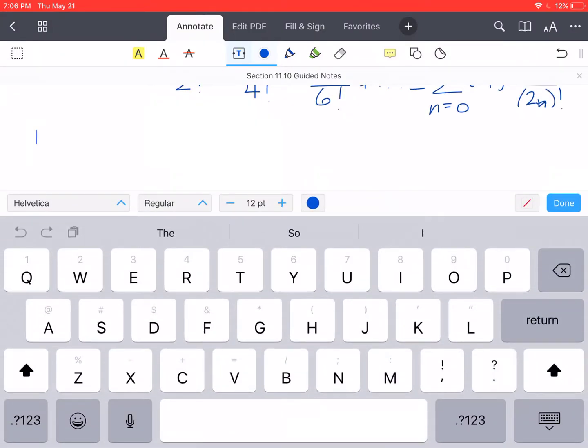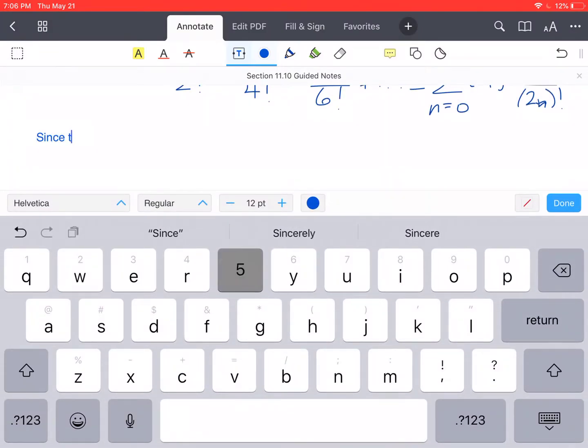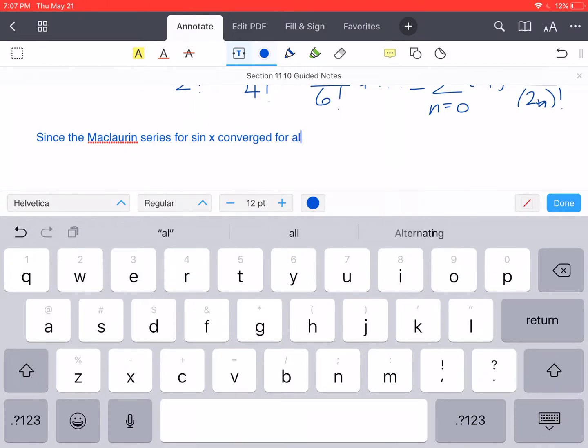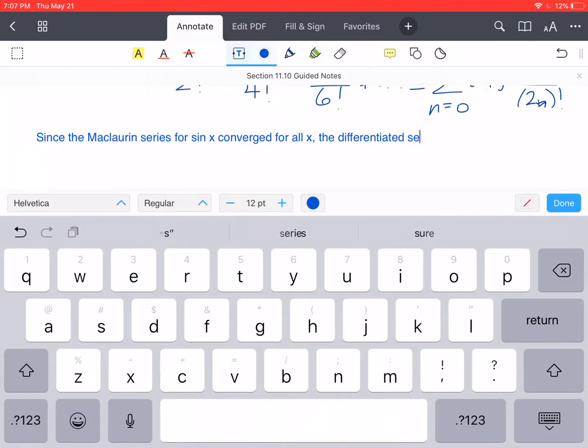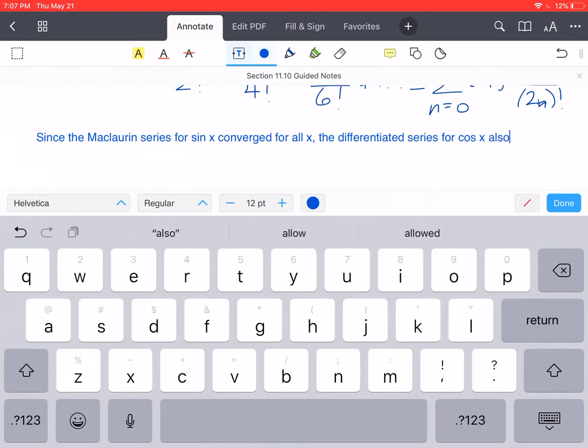So then if we're talking about convergence, since the Maclaurin series for sine of x converges for all x, the differentiated series for cosine of x also converges for all x.